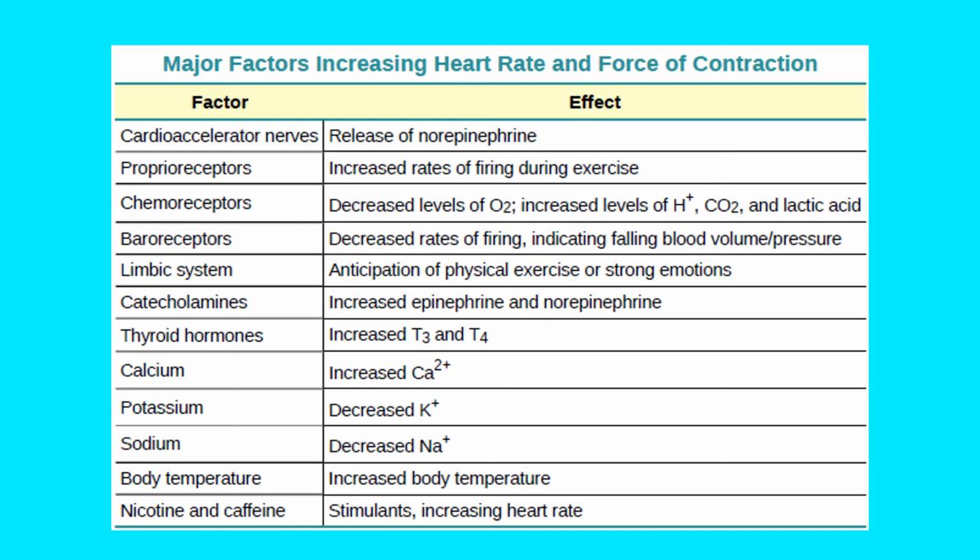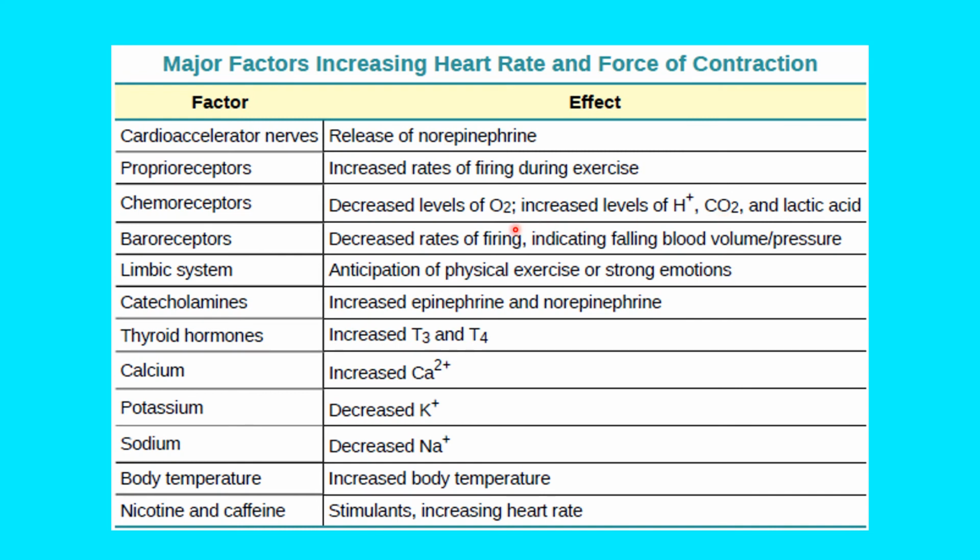What are some factors that will play a role in increasing the heart rate, which in turn increases the force of contraction? Things like the hormone norepinephrine, which is released by the sympathetic nervous division. Some of your proprioceptors, chemoreceptors, decreased levels of oxygen, increased levels of CO2. That is going to increase your heart rate because that's going to be a huge stimulus to get you to increase your breathing rate.